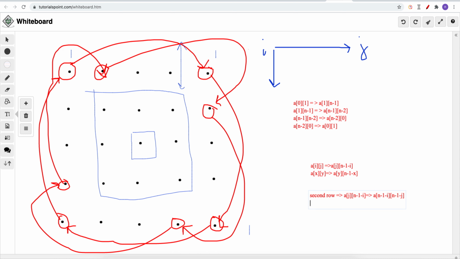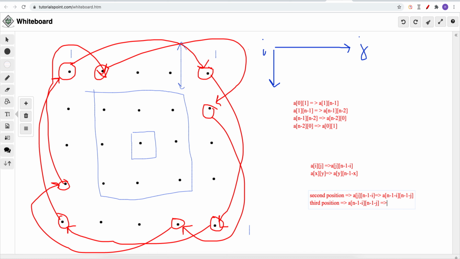Okay, so how will our third position look? Third position, not row, it's good to call it a position. If this is the starting node of the third position, a of n minus 1 minus i, n minus 1 minus j.